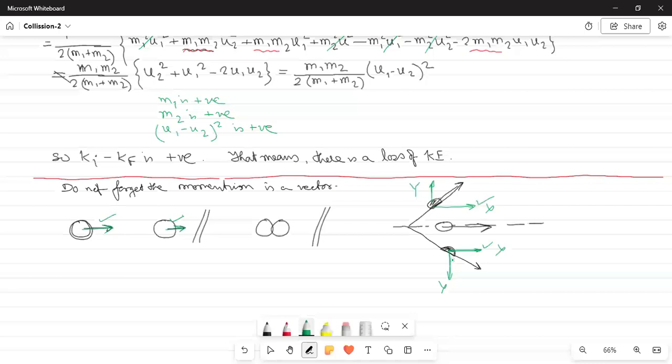So in your numerical problems, you will very often find that the object breaks into two or more pieces. In that case, you always have to take care of the momentum in rectangular directions.